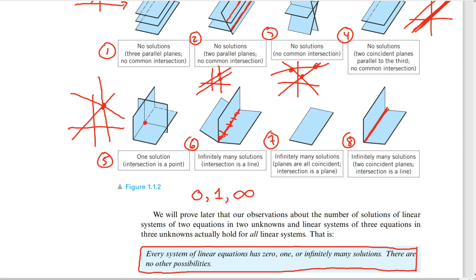So if you have more than 3 variables, it's still correct. Every linear system, no matter how many equations or how many variables you have, has either 0, 1, or infinitely many solutions, and there are no other possibilities. Which actually means that if you've got 2 solutions, automatically you've got infinitely many. If you have 2, you can construct a third one that's different, and a fourth one, and a fifth one. So you're going to have infinitely many.